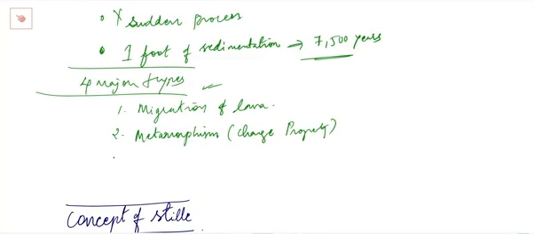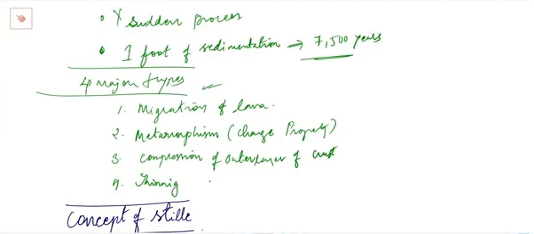The third thing he said is the formation of geosyncline due to compression of the outer layer of the crust. So due to compression also the geosynclines form. And the fourth one is thinning of the sialic layer, which we have seen in our earlier classes about the earth's crust and earth's interior, the chemical composition.